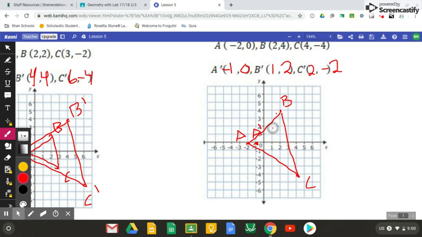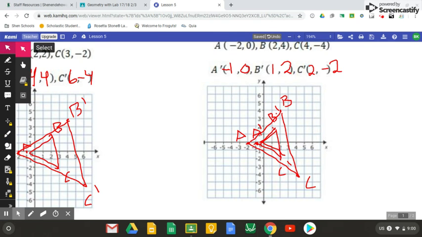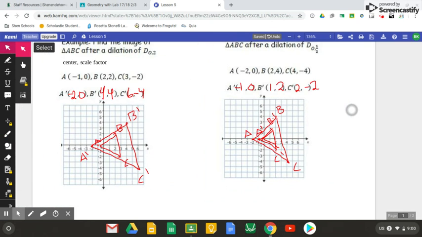B's at 1, 2, B prime. And then C prime's 2, -2. That's right here. There's my other one. Oh, and as you can see, this in fact did shrink. So it is now smaller. All right, let's go to the back.